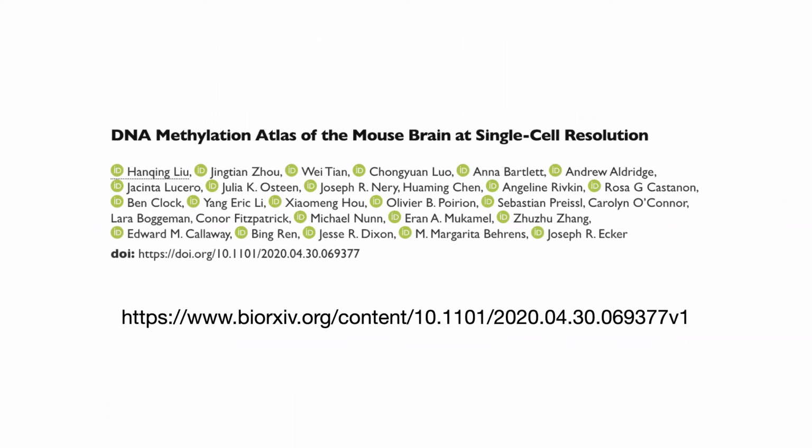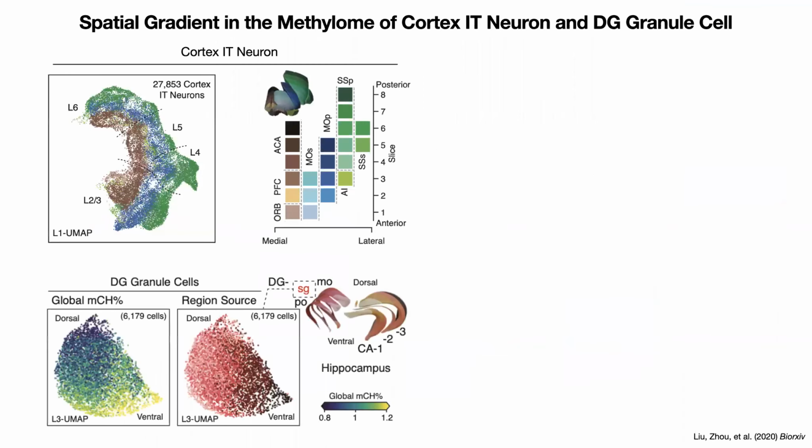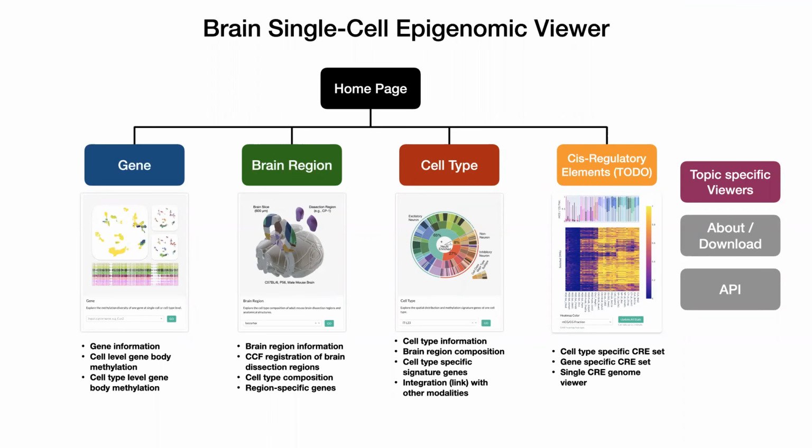Can you go back to the initial slide that you showed that had the to-do list? Yeah, so the cis-regulatory elements, maybe you could just add a little flavor as to what you're doing there without going into details. Oh, you mean talking now? Well, yeah, just to give a high level overview of the kinds of things that you'd like to see. One thing we noticed is that some genes are hypomethylated in certain cell types.